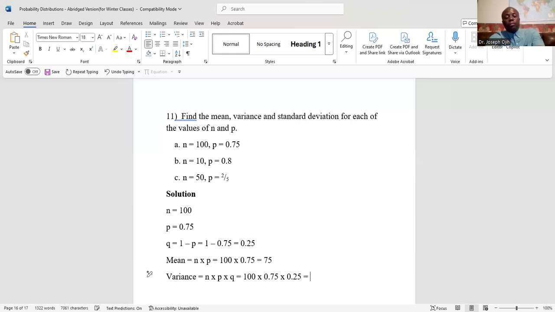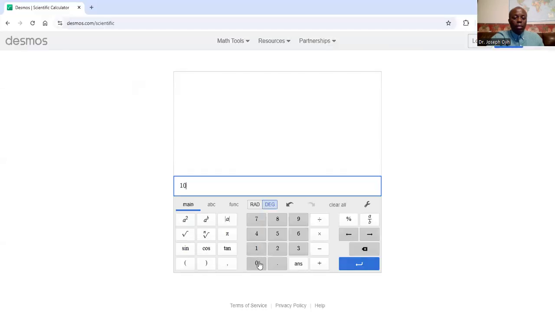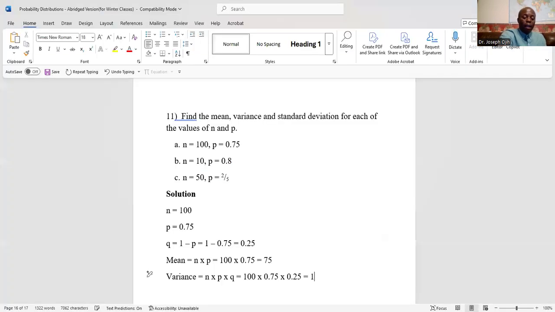So you can get it from the calculator. 100 times 0.75 times 0.25 is 18.75. You got 18.75.